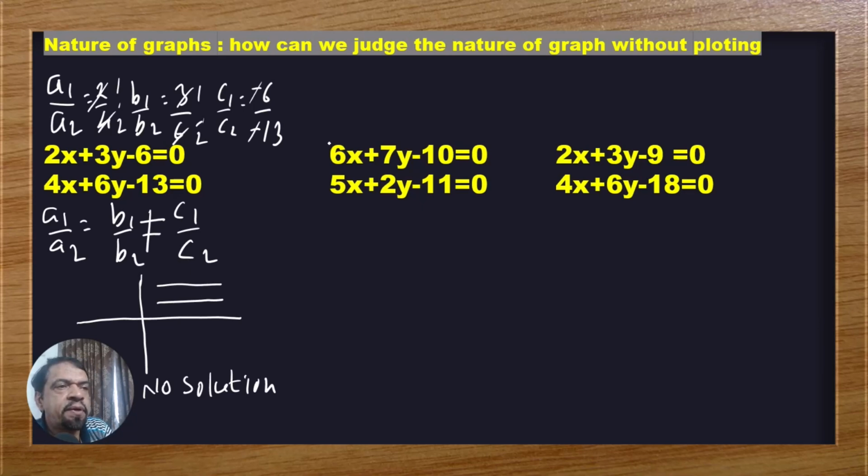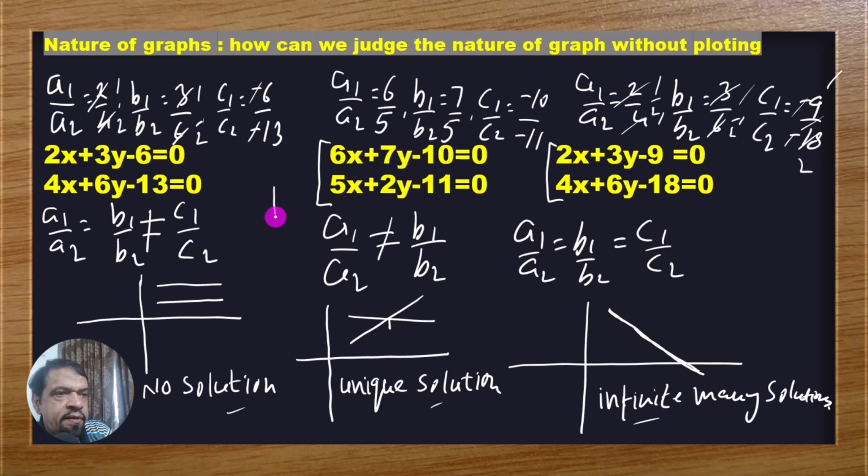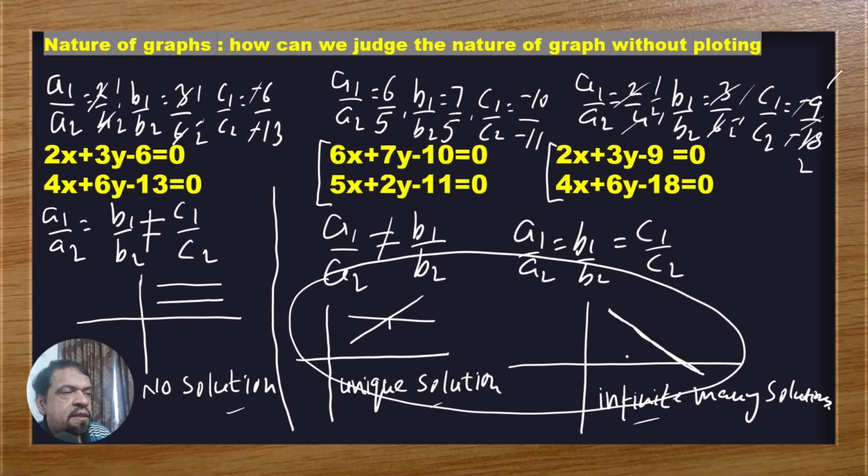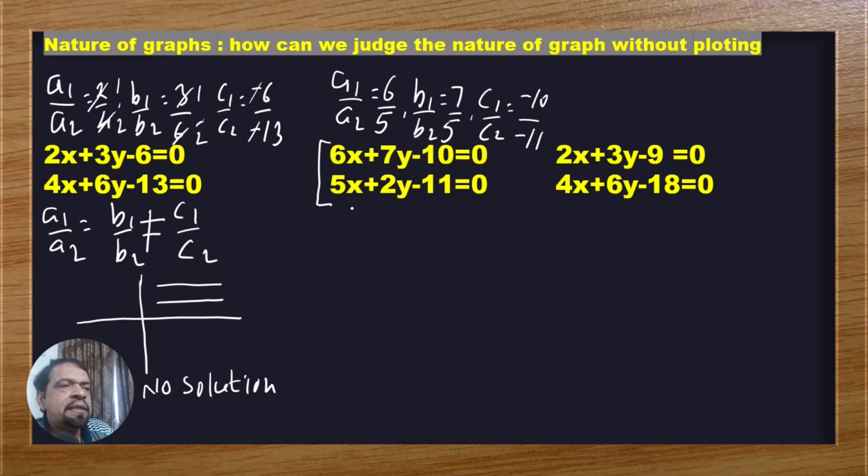Now see the second pair. Here you can see at the first instant a1 upon a2 is not equal to b1 upon b2. Then we will not go for the next one, c1 upon c2.